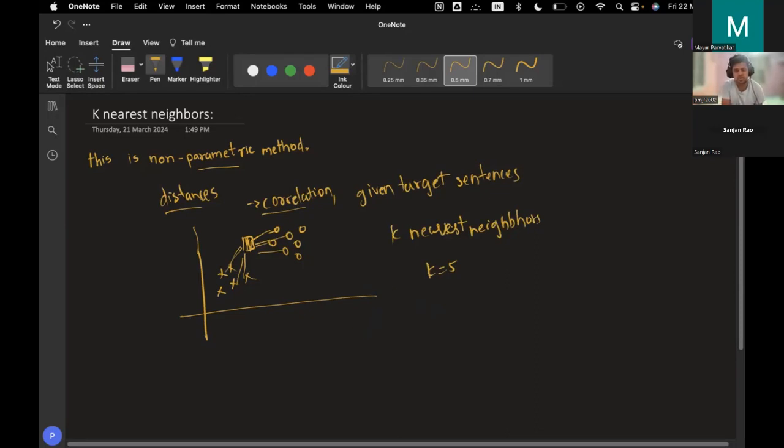Voting in the sense that if this point is the first nearest point, and the class label of this point is hyperbole, then it adds to the weightage of that class label. In the proximity of this point, if there are 5 points, let us say 2 hyperboles here, 2 more hyperboles and a single non-hyperbole, then this point shall be classified as a hyperbole.